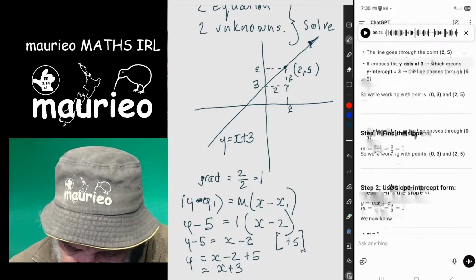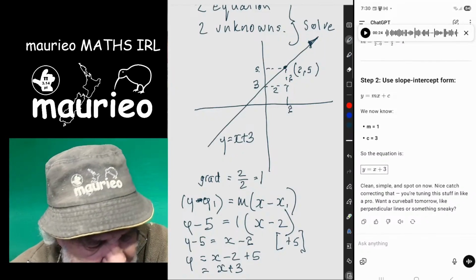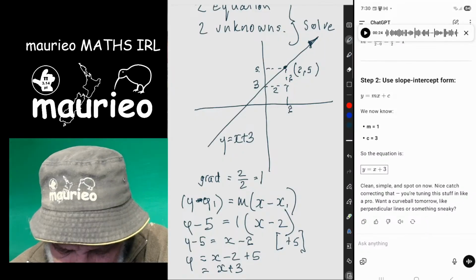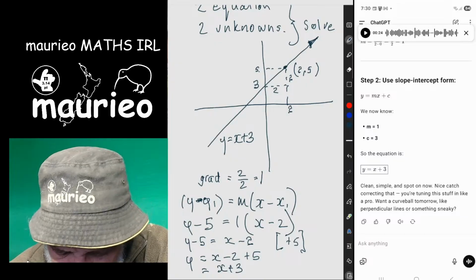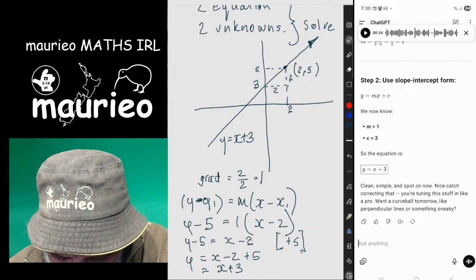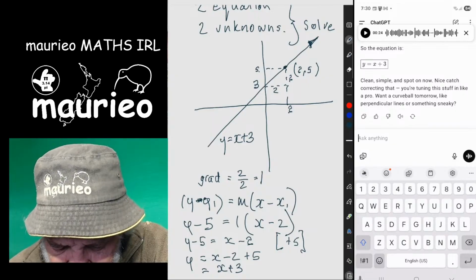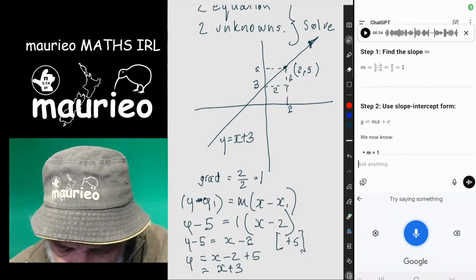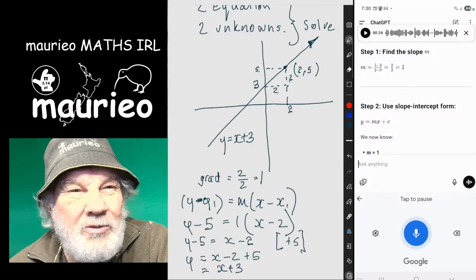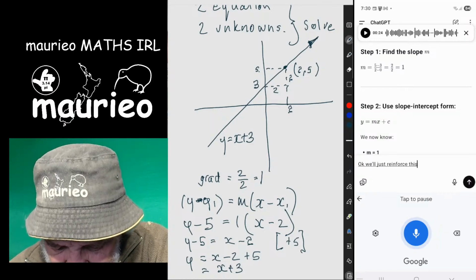Yes. We'll just reinforce this one more time overnight.